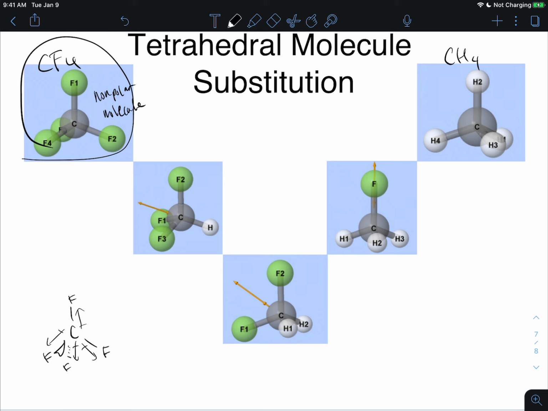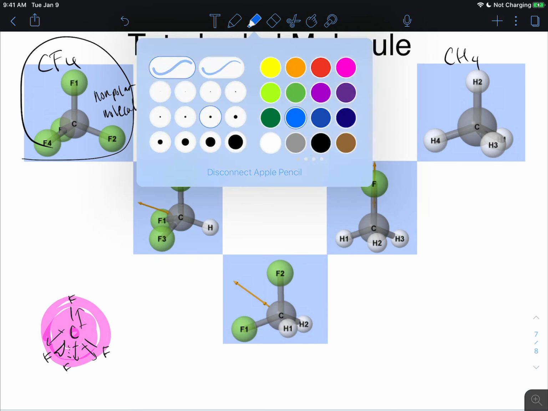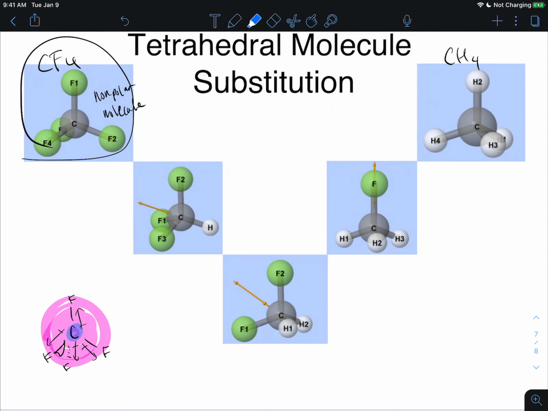And we can also look at it in terms of where the positive and negative charges are. So if this is our negative charge, it equals out to the center, right? So it's going to average out to the center. And then our positive charge is also going to equal out to the center, canceling out both of those charges, so there is no charge separation.